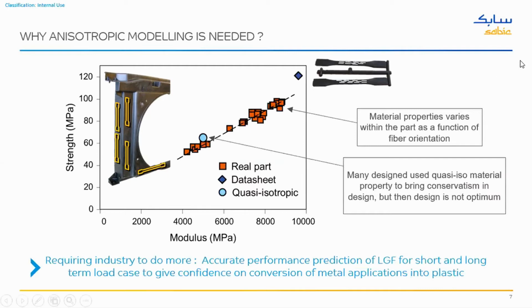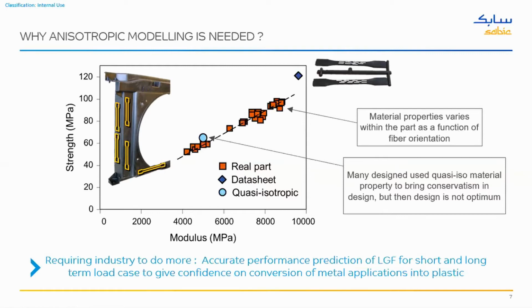So the industry is looking into how to design the part where you have such variations in the system. That's where advanced modeling techniques and advanced characterization methods become very, very important to bring confidence to customers to convert metal into such thermoplastic material applications.